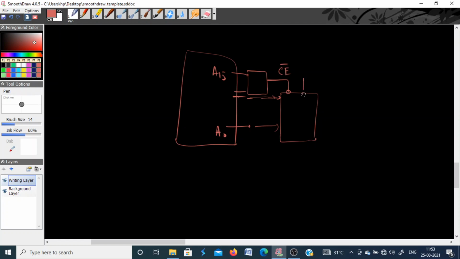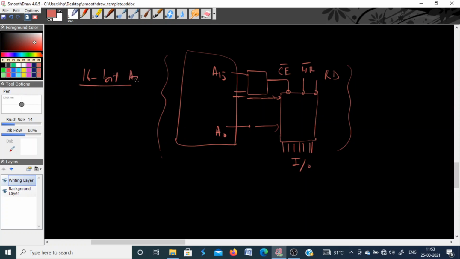Then we have write and read signals. If it is a read-write memory you have both; if it is a read-only memory, you have only the read signal and no write pin. And then we have data lines here, input-output lines. So how is everything controlled? The processor will send a 16-bit address on the address bus, and it comes from the program counter that you know.